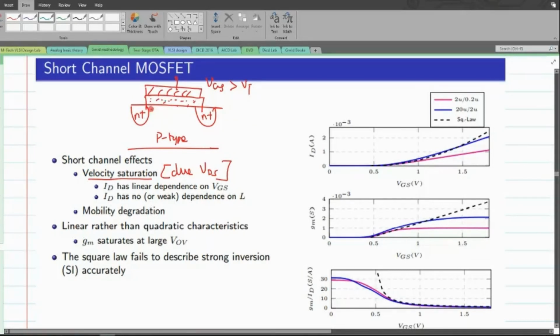Let me represent that inversion layer with negative charges accumulated over here. This represents the channel inversion, a kind of inversion that we call strong inversion, and we also talk about other types of inversion that happen.